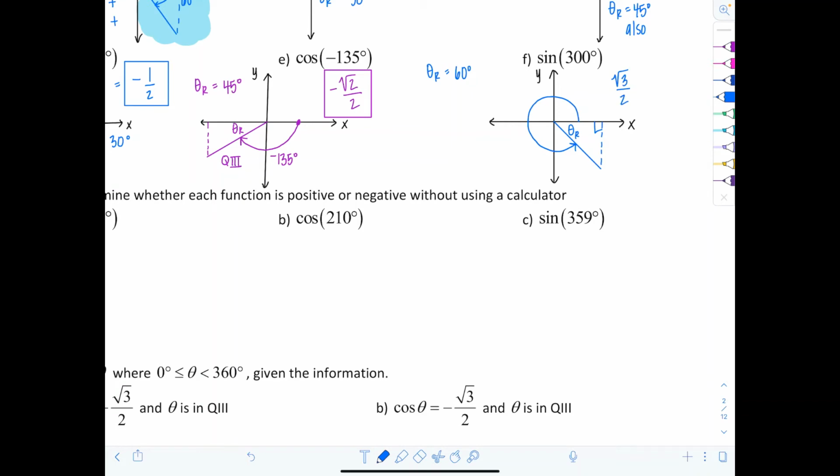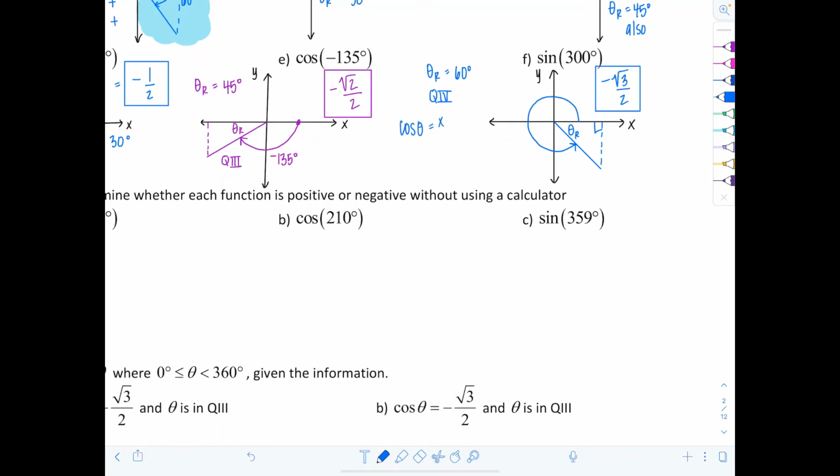And then we have to think to ourselves, is it going to be positive or negative? So we're in quadrant 4. X values are positive, but Y values are negative, which means sine is going to be negative rad 3 over 2. Okay? If you're having a hard time remembering, just think of it this way.